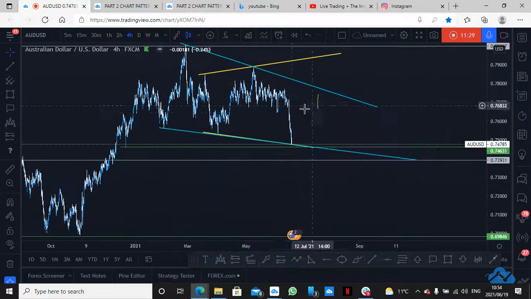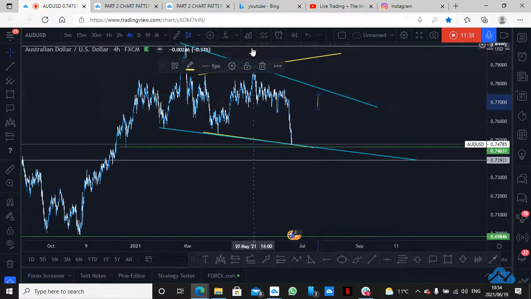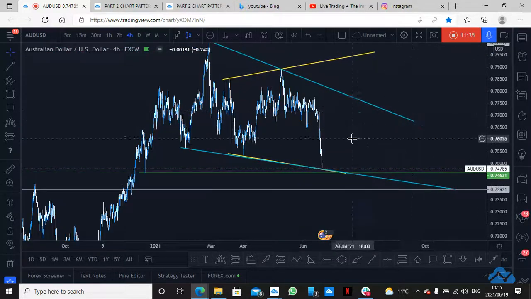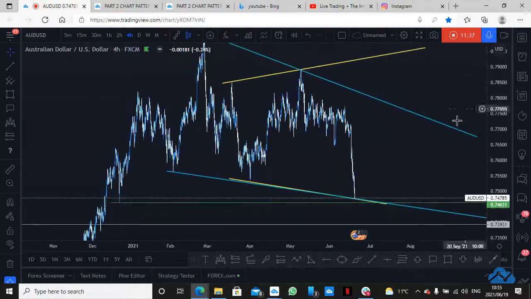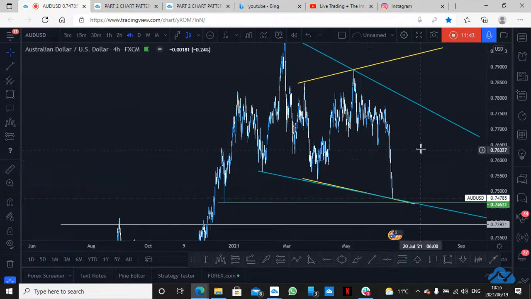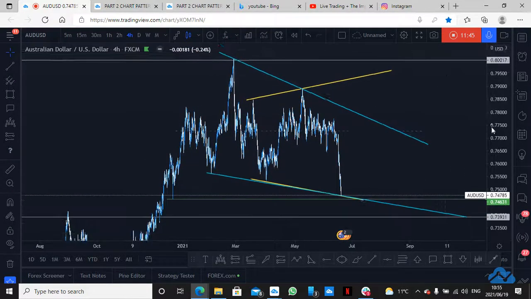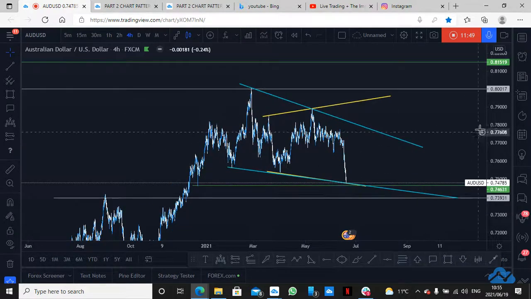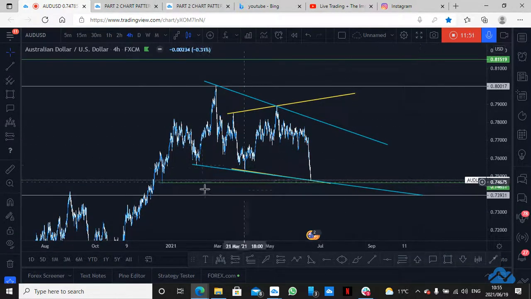You don't want to force things that are not there, guys. But remember, you are working with the game of probabilities and possibilities: what is possible and what is probably the next move that can take place. So in this manner, I can see that we remove this blue line.